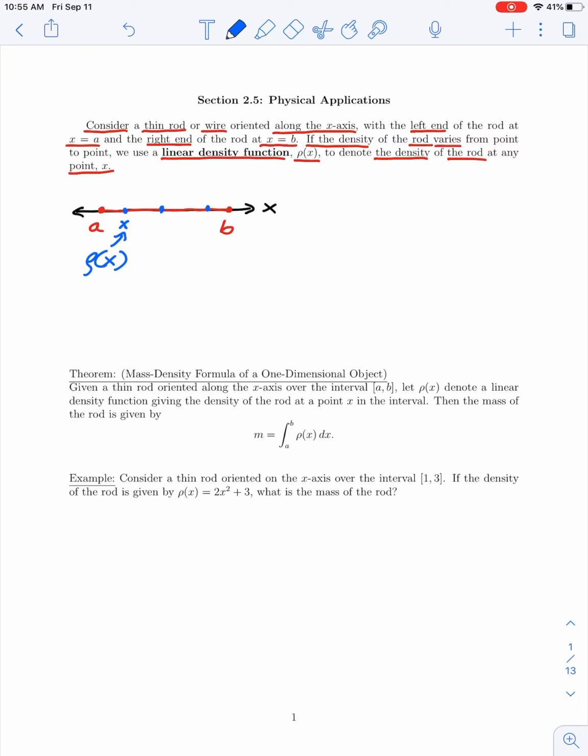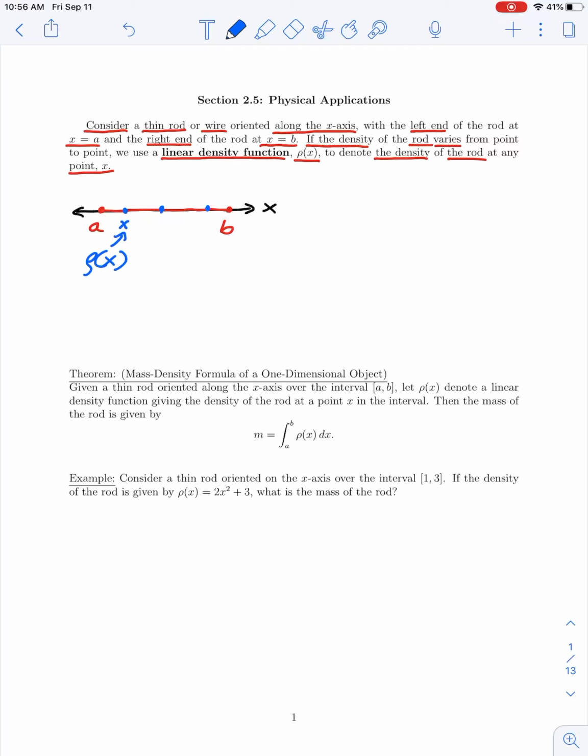So if we're interested in determining the total mass of this rod or this wire from point a to point b, we want to add up these linear density functions times the length of our wire on the intervals where that linear density function is valid from point a to point b. So the idea is similar to what we saw in the earlier sections from chapter 2.